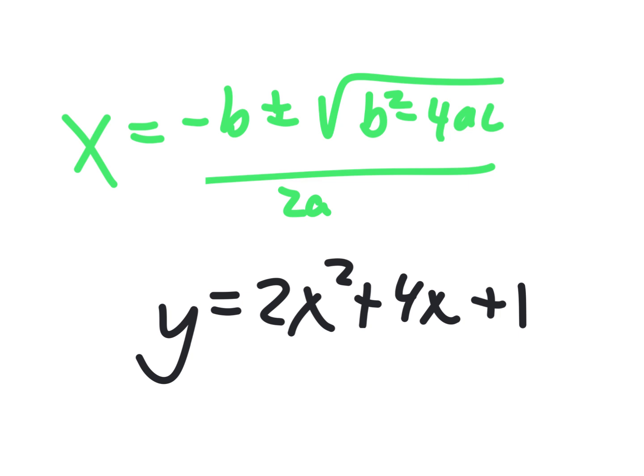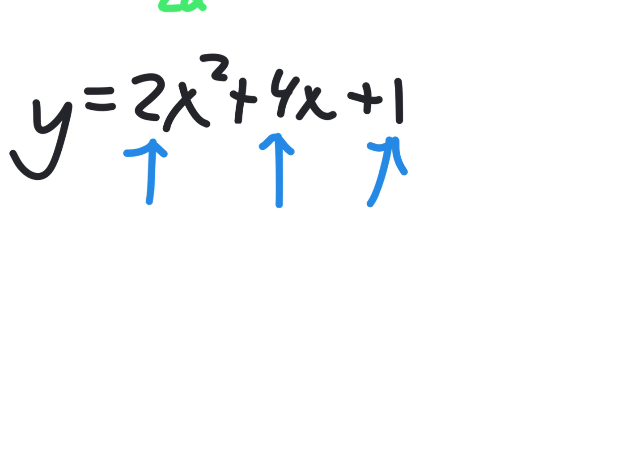That's A, that's B, and that's C. Does that ring a bell? When I ask you the A value, it's just the number that's in front. So what's the A value of this? 2.